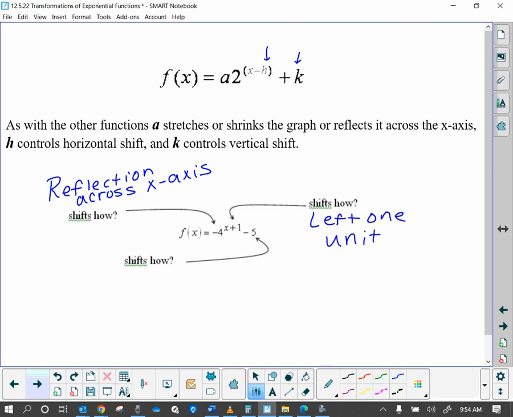If you want to be fancy and say it is a horizontal shift, left 1, you can add that to it. And then -5, that was the very first thing we did. Guys, you shouldn't have your headphones in. This is the up and down movement. If it's -5, it's going to be down 5 units.